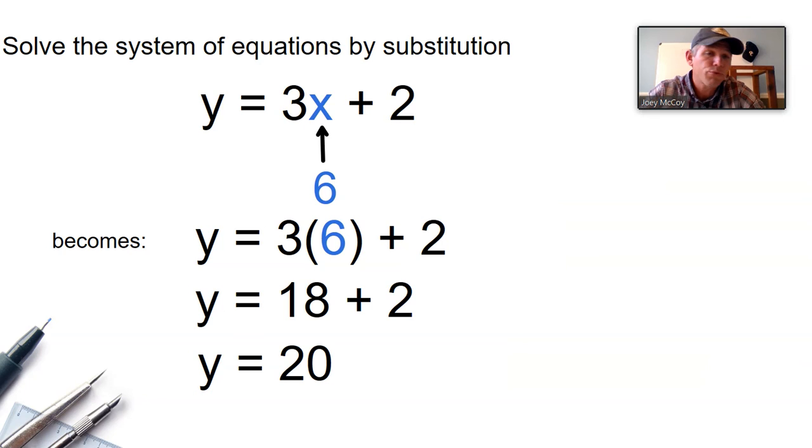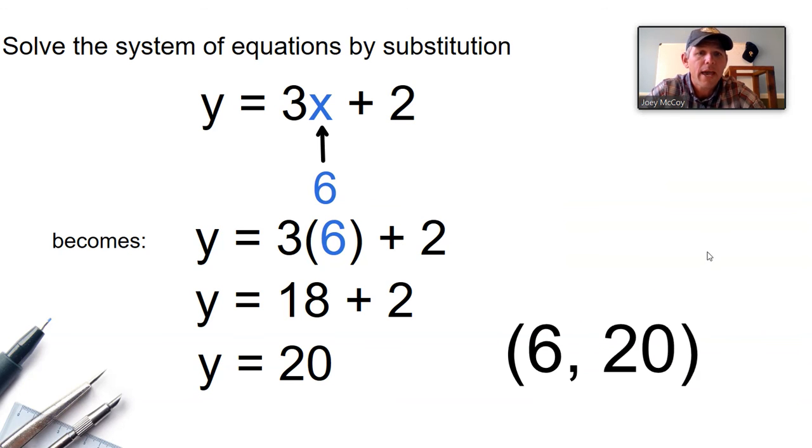Okay, so I go through this math and I evaluate to find the value, and I get my answer y equals 20. Now the best thing to do to write your answer is to go ahead and write it as an ordered pair. Remember that x was 6 and y is 20. So solving using substitution, we still arrive at an ordered pair.